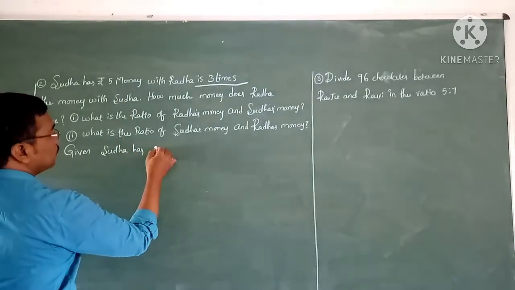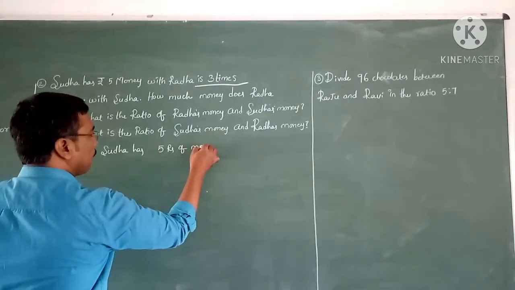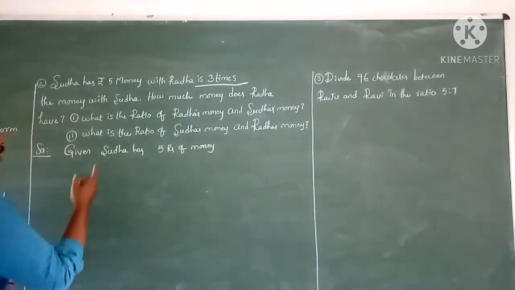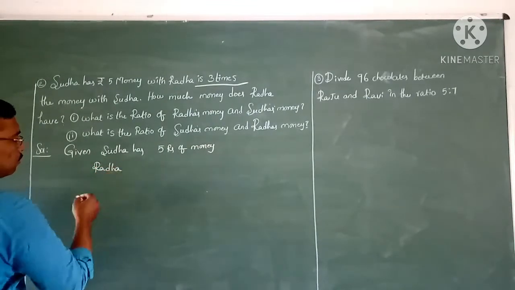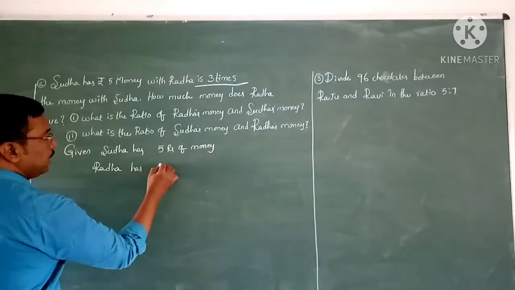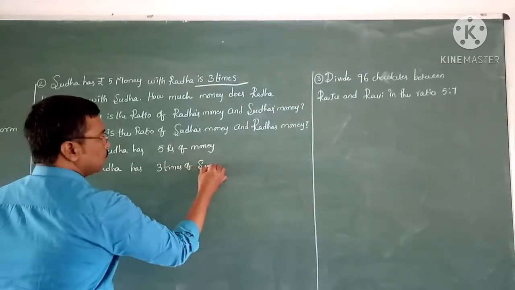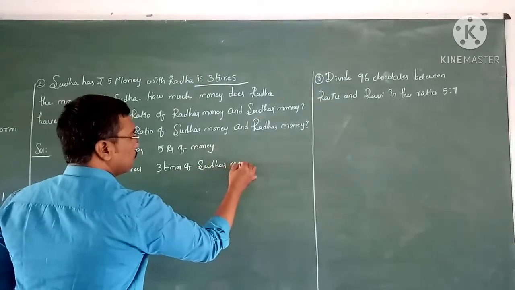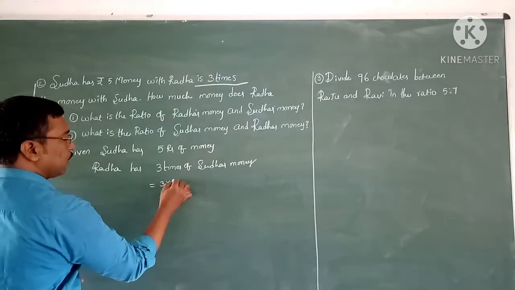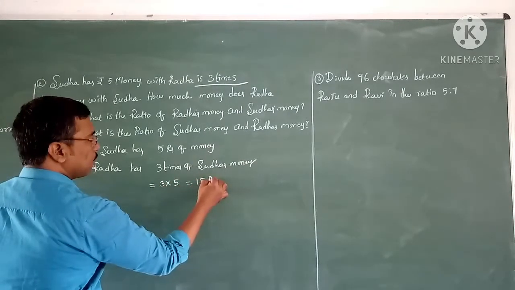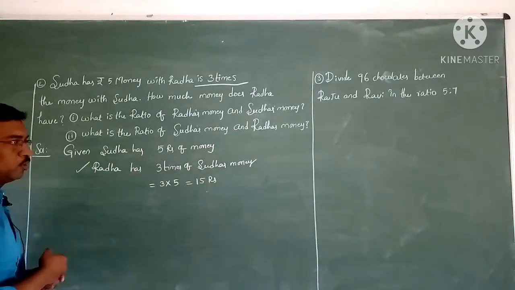Sudha has 5 rupees of money, whereas Radha has 3 times of Sudha's money, that is 3 into 5, 15 rupees. So Radha has 15 rupees and Sudha has 5 rupees of money.